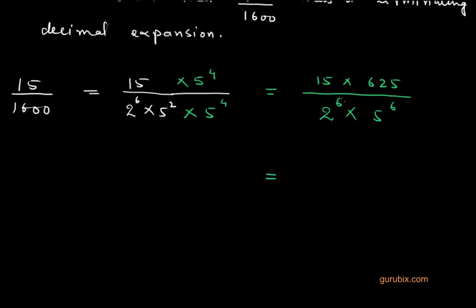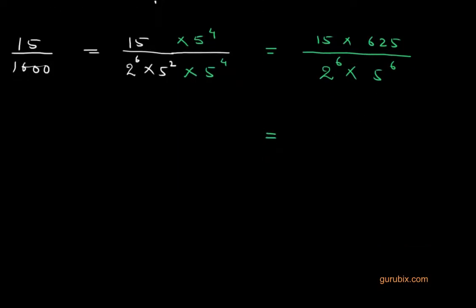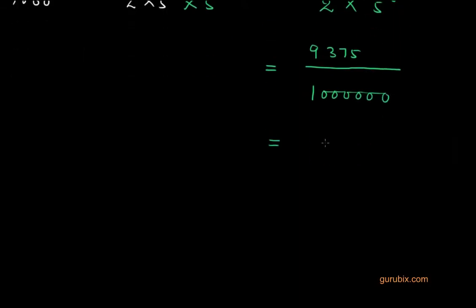Now we shall multiply this 15 and 625 to get 9375, and when we expand the denominator, we get 1 with 6 zeros. And writing it into decimal expansion, we shall make equal number of digits in both denominator and numerator.